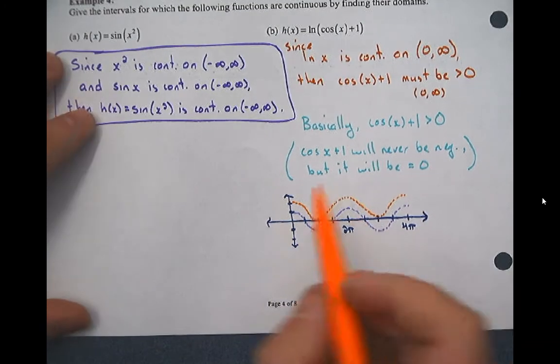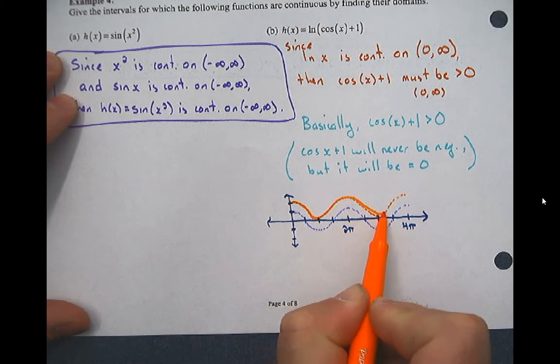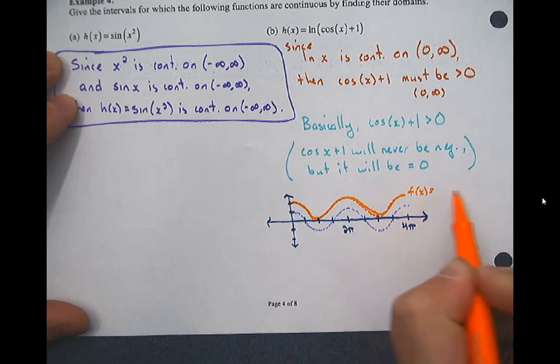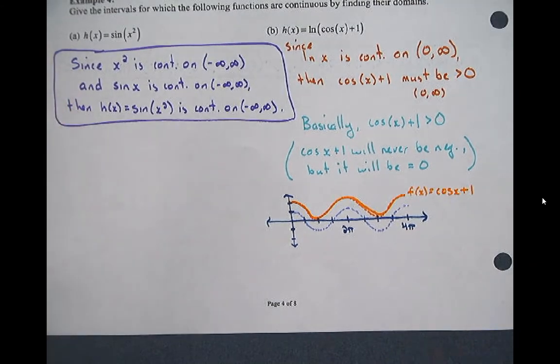Okay, so I don't want to draw that one dashed. I want to draw that one solid because that's the actual graph. This is the graph of f of x equals cosine of x plus 1.